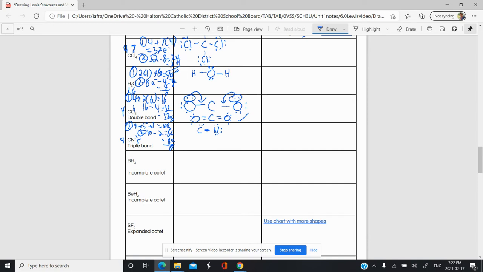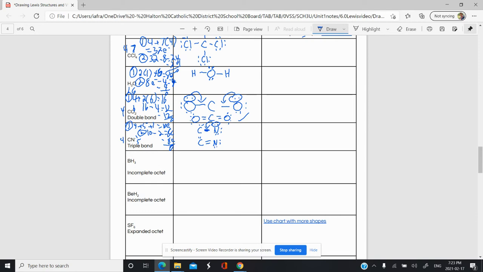So what we can do is we can grab a bond from the nitrogen here and make it share a little bit more. And if we do that, we get a double bond like this, and like this.